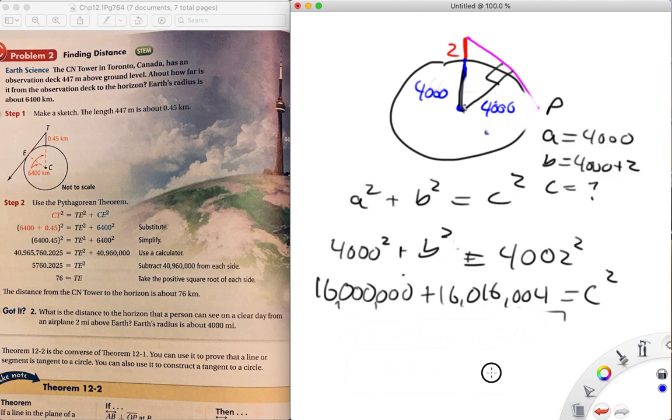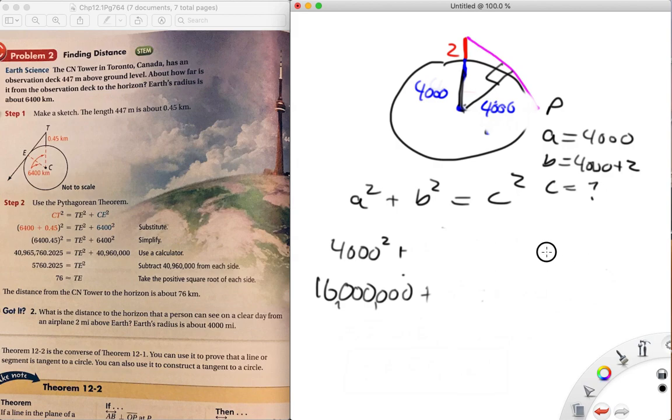Alright. So 16 million plus B squared equals 16,016,004.